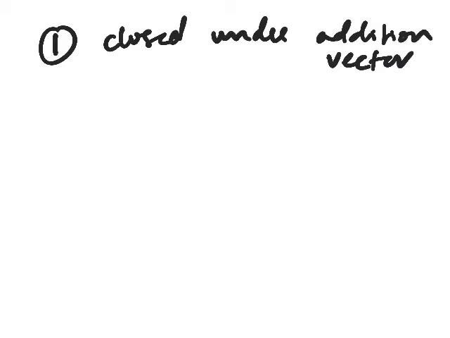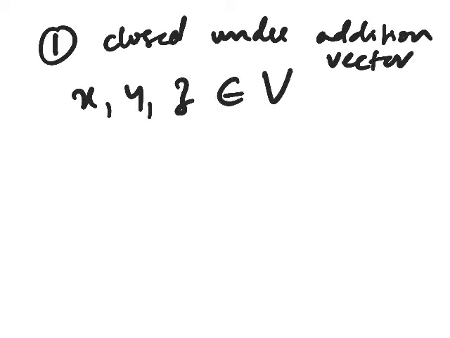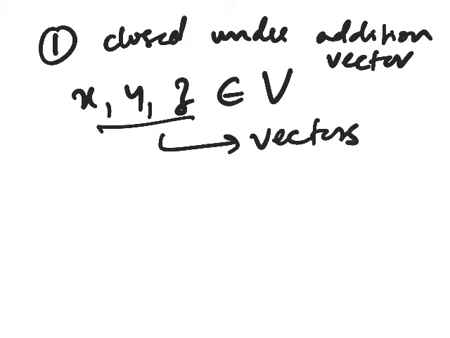I'll start with x, y, z, elements of V. That means x, y, z are all vectors. These are 3 vectors. So when I say that the set V has to be closed under addition, what does that mean?